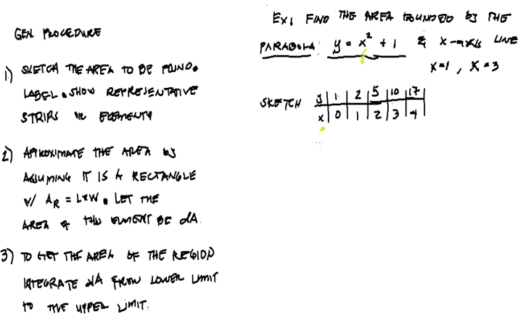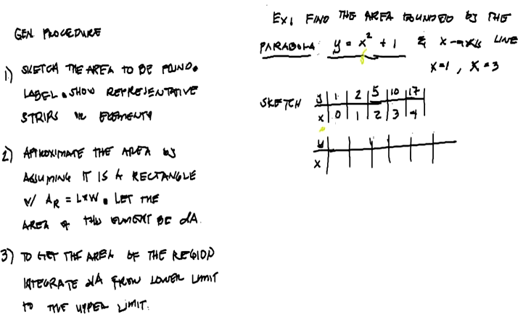Let's have another point to show our parabola. So, since we have here 1, 2, 5, 10, let's try negative values.